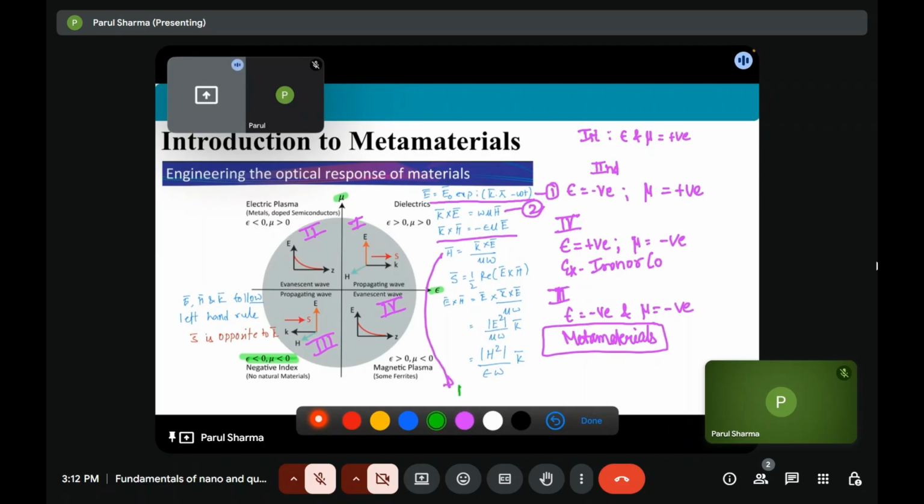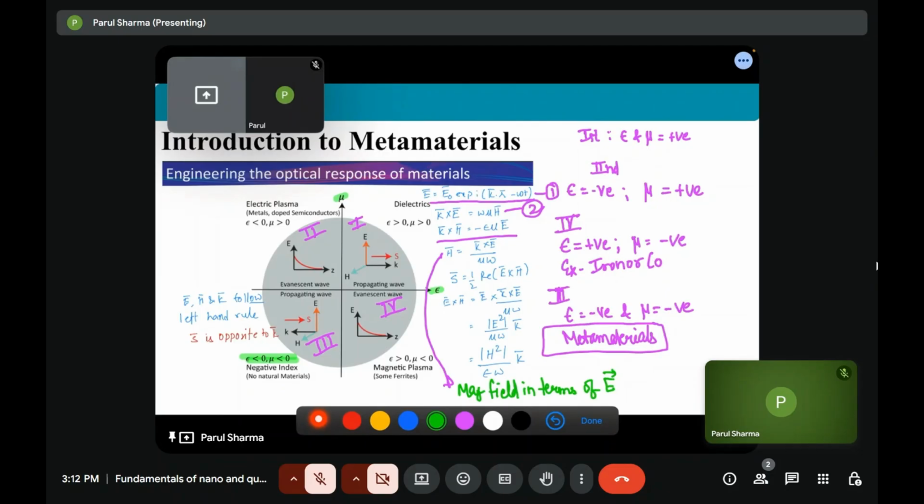We can write the magnetic field in terms of the electric field as H is equal to k cross E upon omega mu. When we take the time average of power flow, we get S is equal to 1 by 2 real part of E cross H*, where S is the Poynting vector.